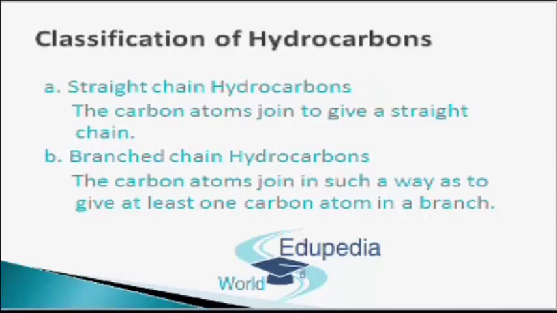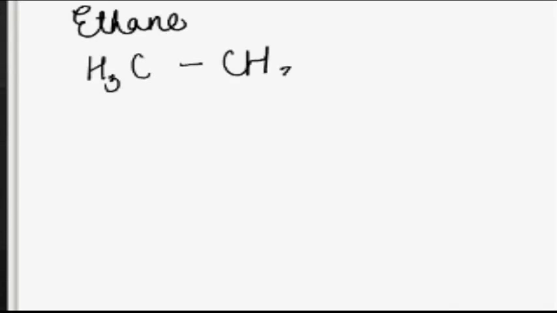Straight chain hydrocarbons. In these hydrocarbons, the carbon atoms join to give a straight chain. For example, ethane. This is ethane. We know the chemical formula, C2H6.